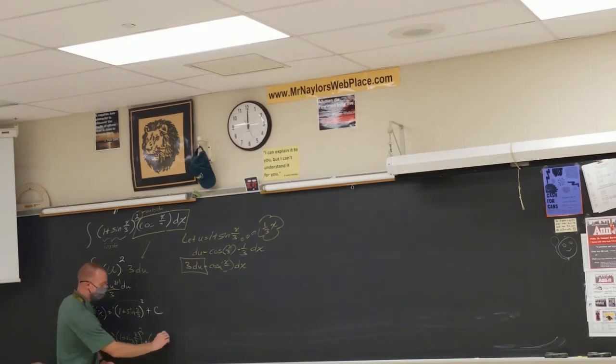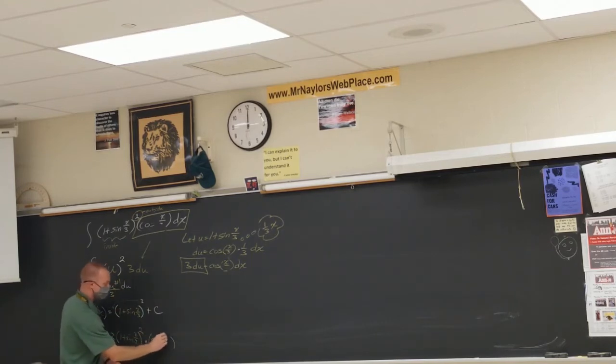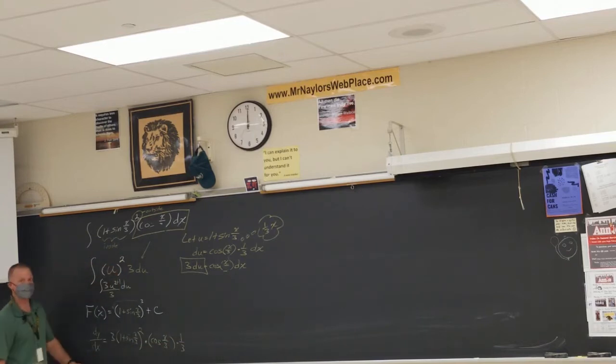That's the derivative of the inside. The derivative of 1 is 0. I kind of already did it over there, but I'm going to end up getting exactly where I started, noting particularly that the 3's cancel out. And again, that takes me back to the original integral.